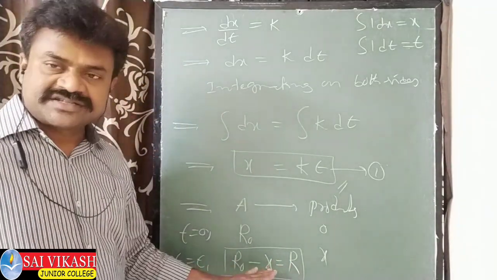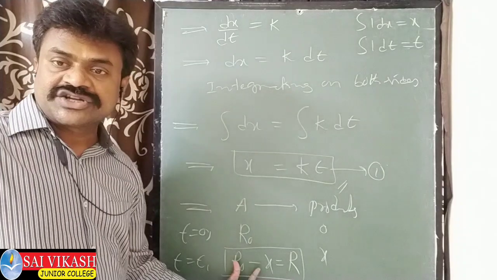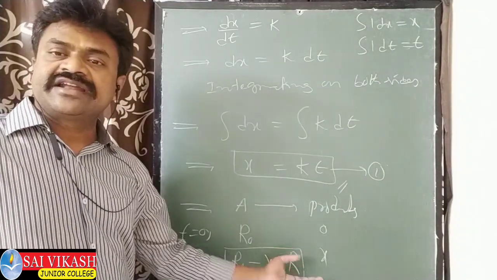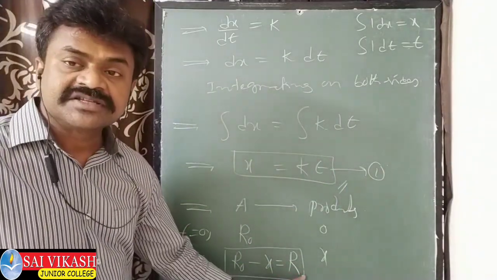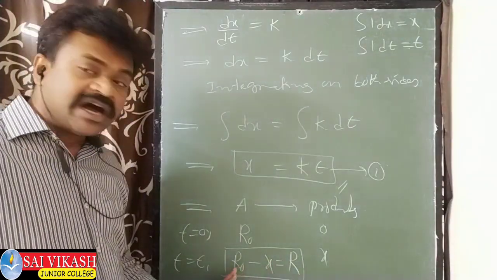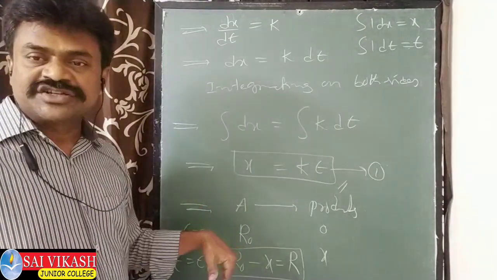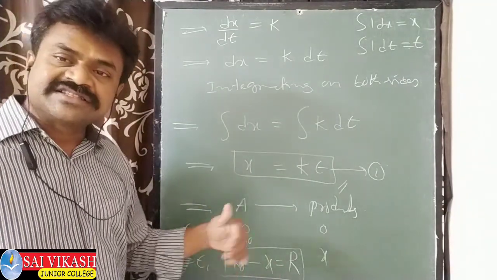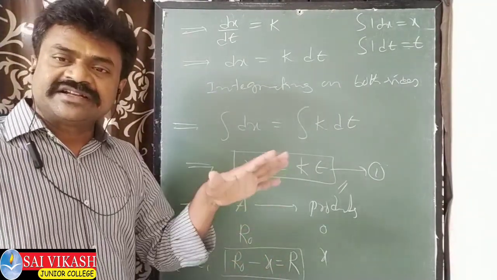You have to understand this. Whatever the left concentration at time t, they have taken as R. R means the concentration of the reactant left at time t. R naught is the initial concentration, and R naught minus x is also the concentration of reactant left at time t.